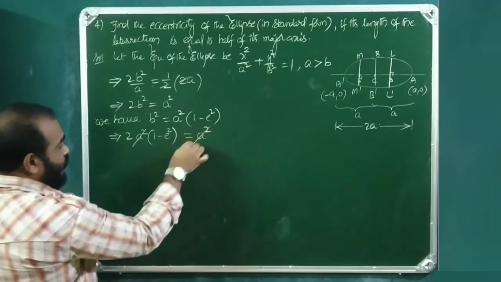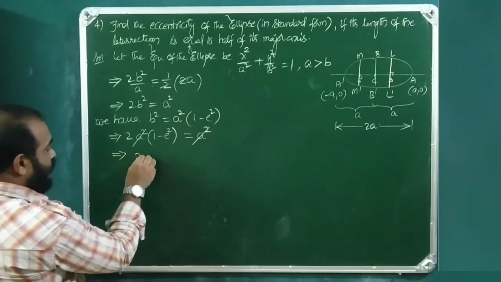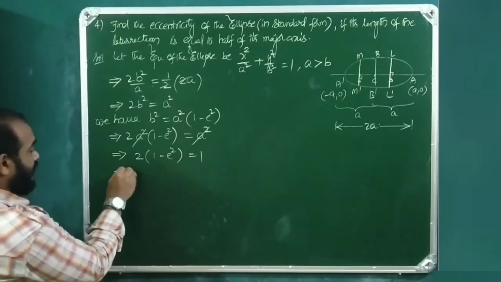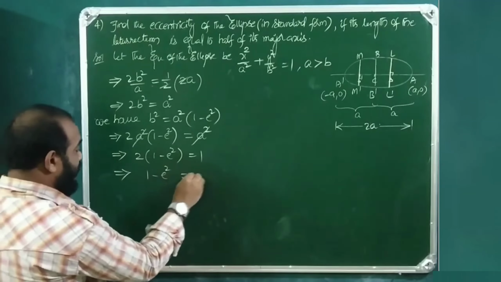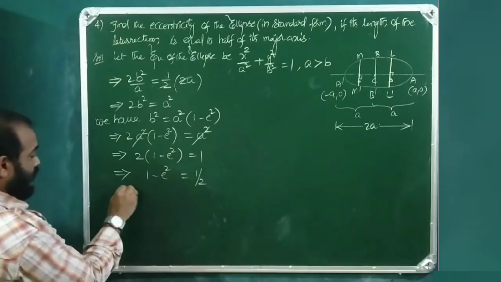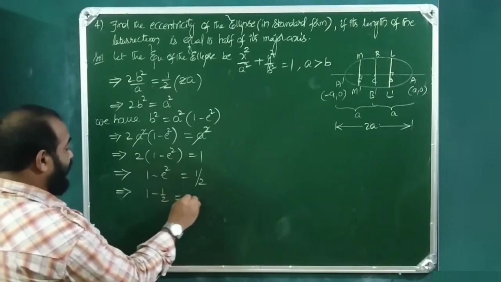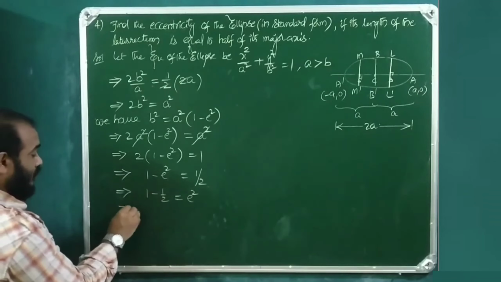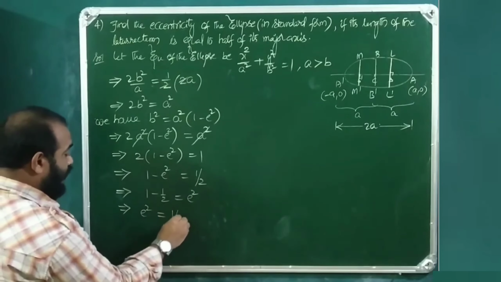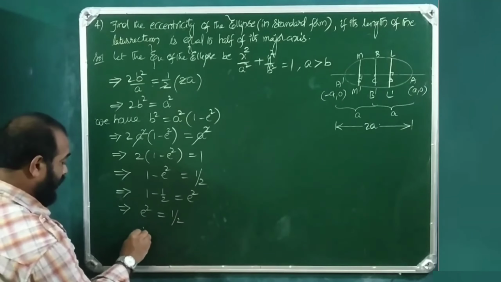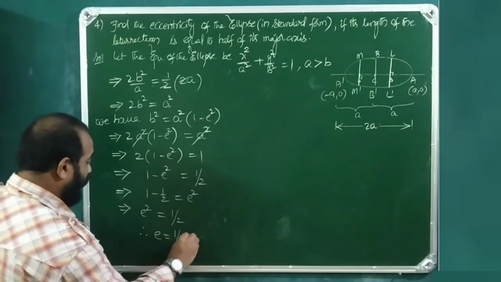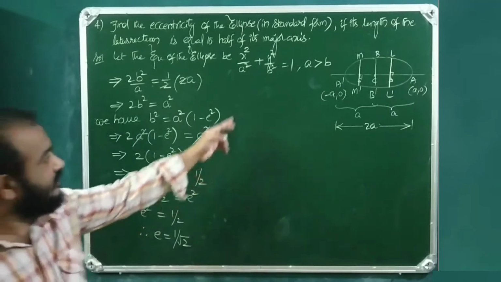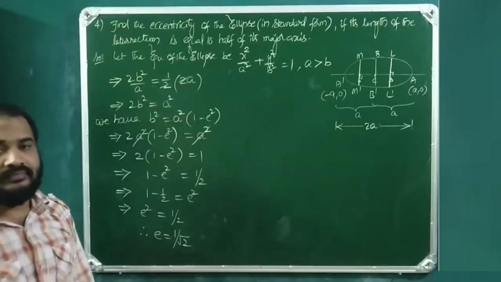So A square gets cancelled. So 2 into 1 minus E square equals 1. So 1 minus E square equals 1 by 2. So 1 minus 1 by 2 is equal to e square. 2 ones are 2, 2 minus 1, 1. So e square is equal to 1 by 2. Therefore, e is equal to 1 by root 2. So this is the eccentricity that he is asking.